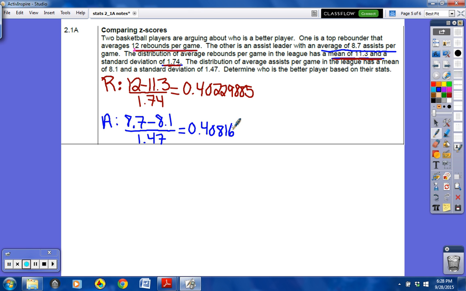So who is actually better? Well, they're both pretty close with standard deviations. They're about 0.4 standard deviations above the mean. But the assist leader is actually a little bit higher. So I would say the assist leader is the better player.